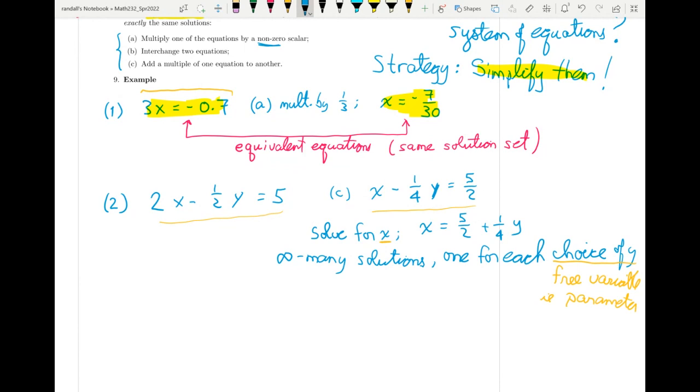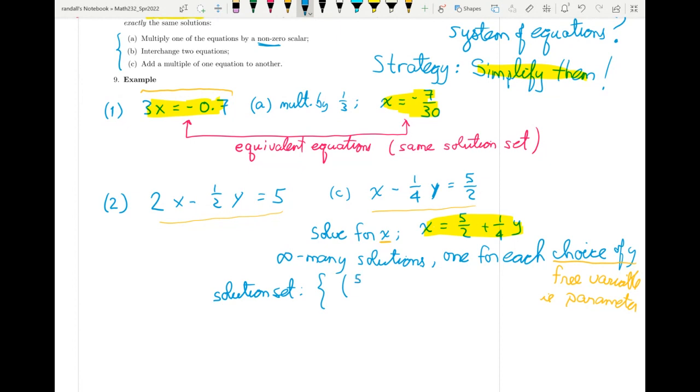So let me write out some of the solutions in the solution set now. The solution set is, in curly brackets: remember, solutions to this equation are going to be two-tuples, so points in R2, x, y coordinates. What I do is select values for y, and then compute the x from this equation here. So select y and then compute x. I can get all the solutions this way. For my first choice, why not choose y to be 0?